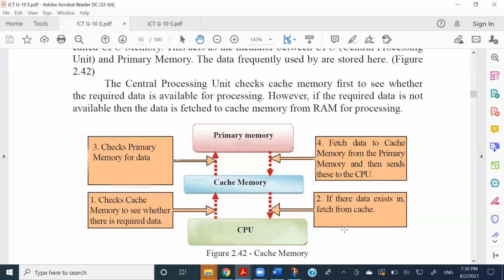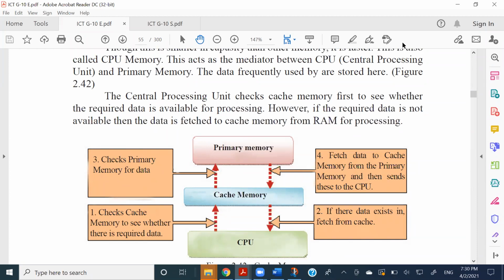So remember the point why the cache memory is there: to act as a mediator, and it will quicken the process of execution, right? Okay.